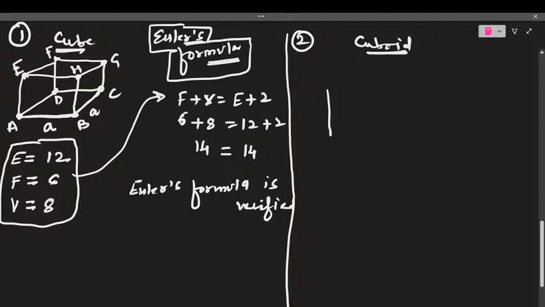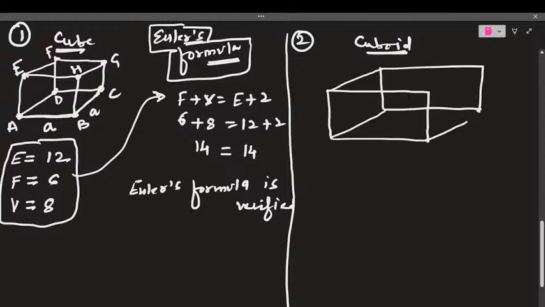It looks like this that I'm drawing here. This is your cuboidal figure. It is a three-dimensional figure. That's why we call it a solid. And this solid has surface as well as it occupies space. That's why it has volume.